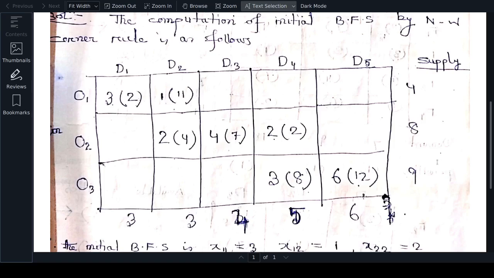Again some quantity is left. So we move to the downward cell. So next here supply is 2 and demand is 5. We give 2, right? When we give 2, then the row is completed. So we move to the down cell. So the down cell means cell number 3 comma 4.